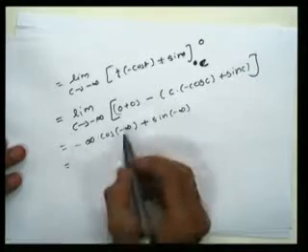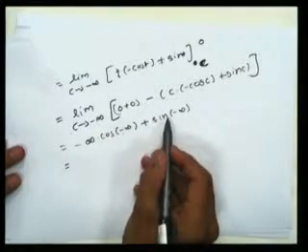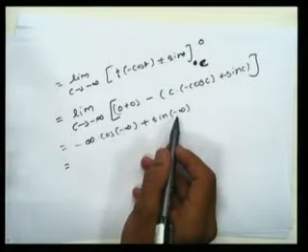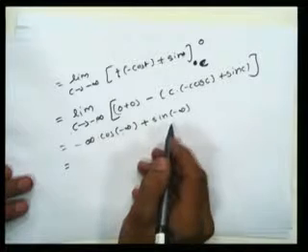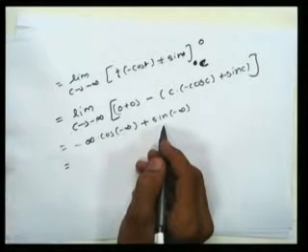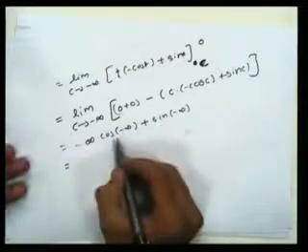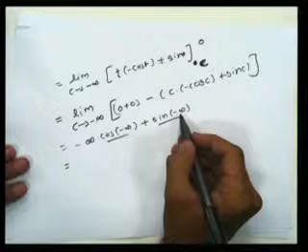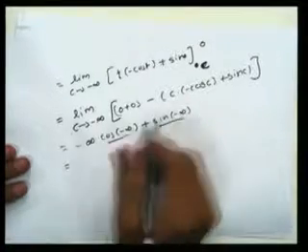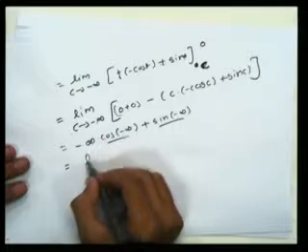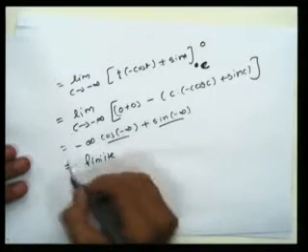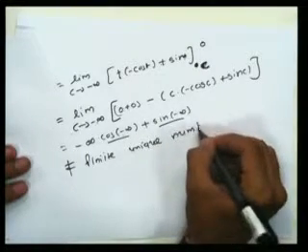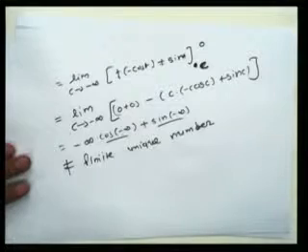But cos of minus infinity and sine of minus infinity oscillate between two values, plus 1 and minus 1, because the range of sine and cos is from minus 1 to 1. So the answer of these two terms is in the closed interval minus 1 to plus 1. So we cannot determine the actual value. So the final answer is not a finite unique number. Thus we can say that the integral is divergent.